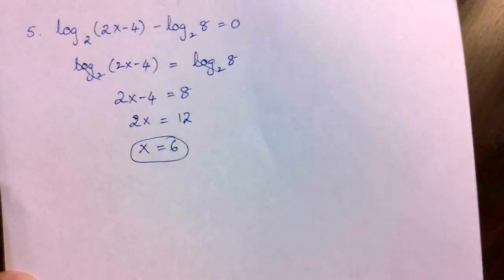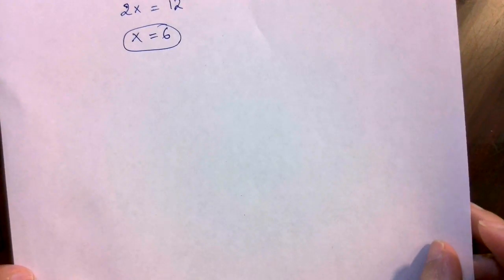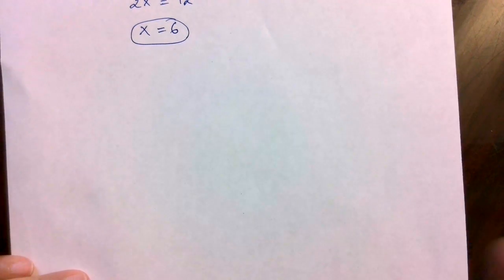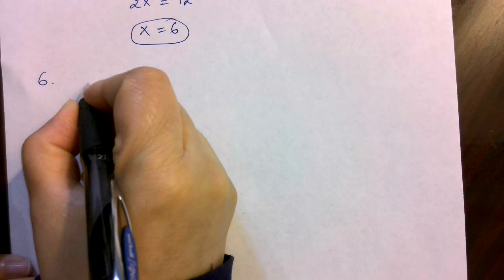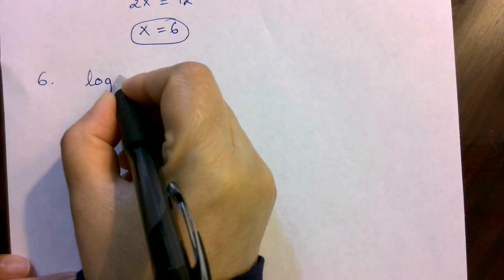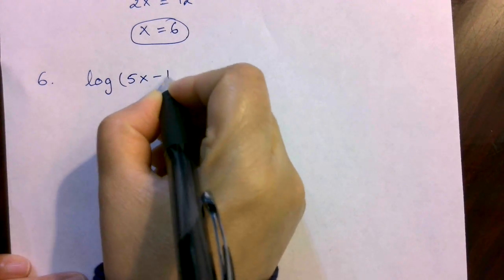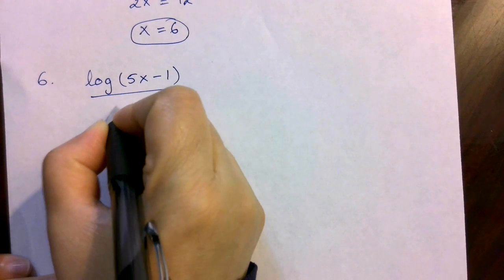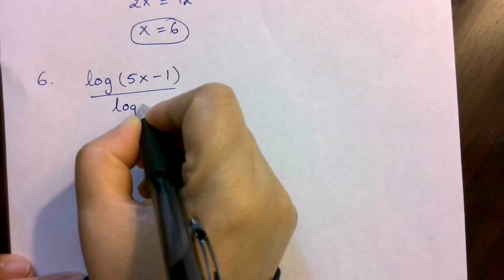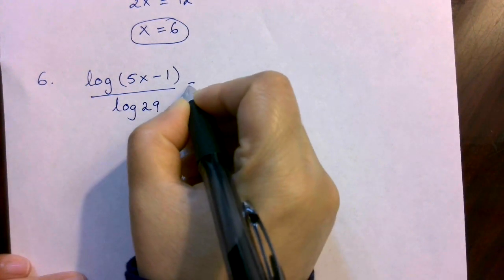Okay, number 6. Let's say we have a quotient here, log of 5x minus 1 divided by log of 29 equals 1.